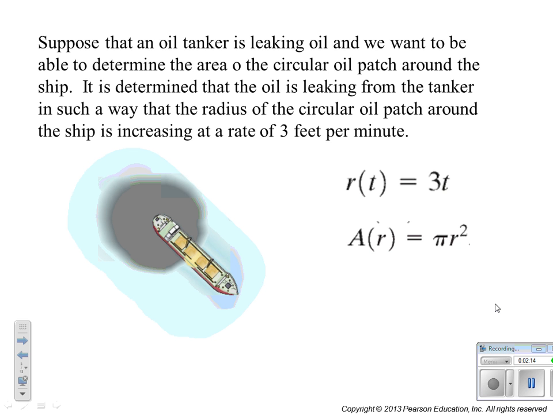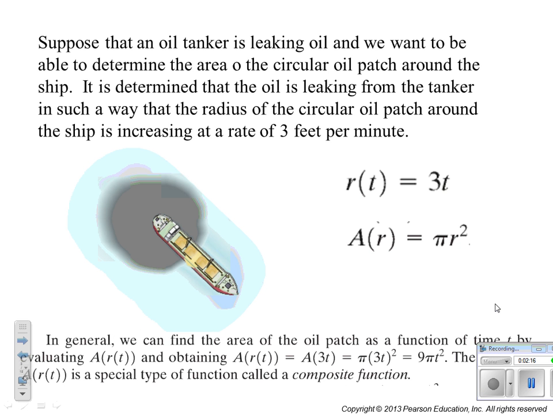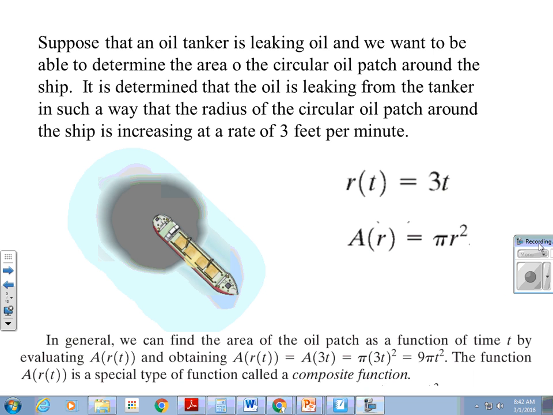Area as a function of time, we are going to take out the r and put in the 3t. So then my area as a function of time is going to be 9 pi t squared. And that's called a composite function, when we put together two separate functions to get a new function. Okay.